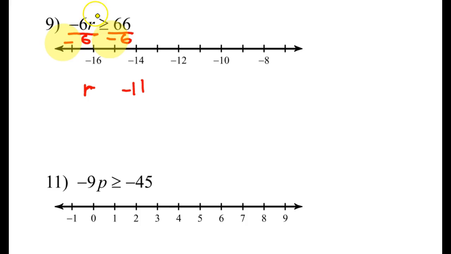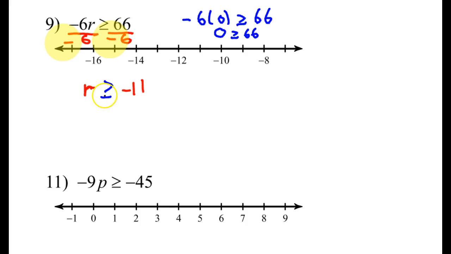If we try to put in some numbers, if we said this was greater than or equal to, if we tried putting in a number that's greater than or equal to negative 11, say like 0, that should be a true statement, because 0 should be an answer. But when you plug it in, you get 0 is bigger than 66, which is wrong.